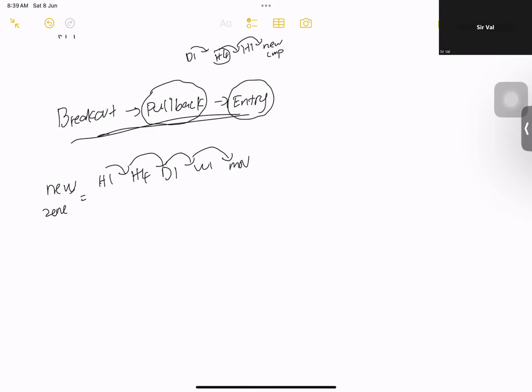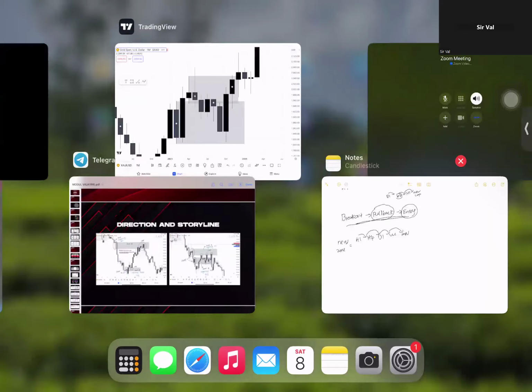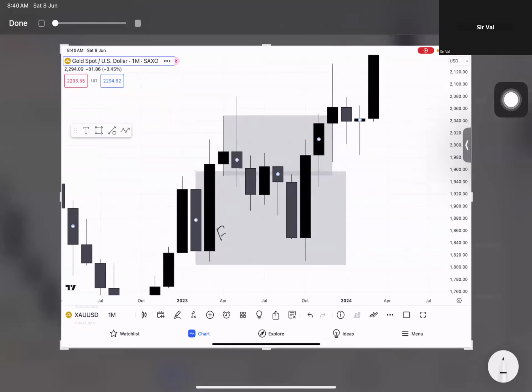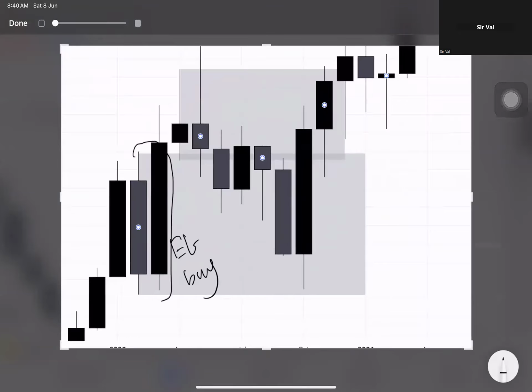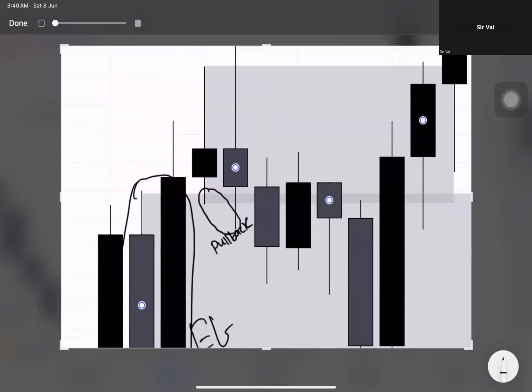So if H4, H1, same goes here. Backup pullback entry. So here, engulfing buy. Then what do they do? The pullback. After price pullback, then create what? Nothing.